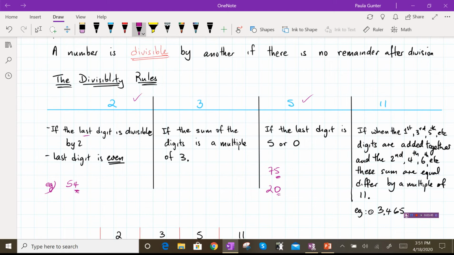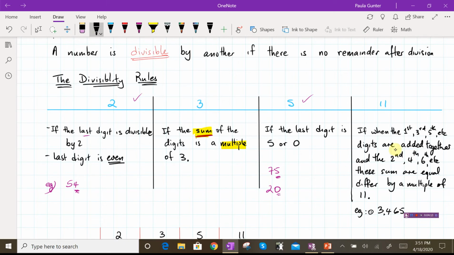Right? Now, the one that we seem to forget is divisibility by 3. If the sum of the digits, notice this is a little different now, we're talking about the sum of the digits, is a multiple of 3, then this number is divisible by 3.